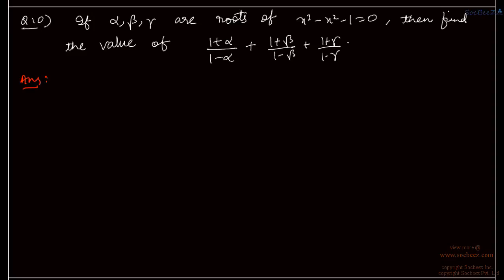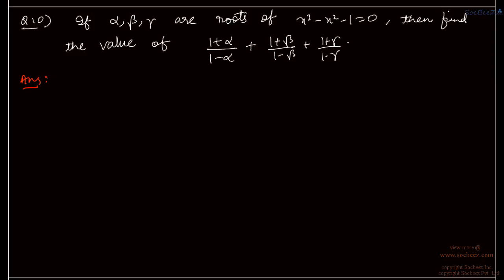show you a different method, which is mathematically completely sound and technically correct. At the same time, it's a much easier method. Since for this equation, you see the roots are just transformed to (1 plus alpha) by (1 minus alpha), right? You see all of them are symmetrically transformed.